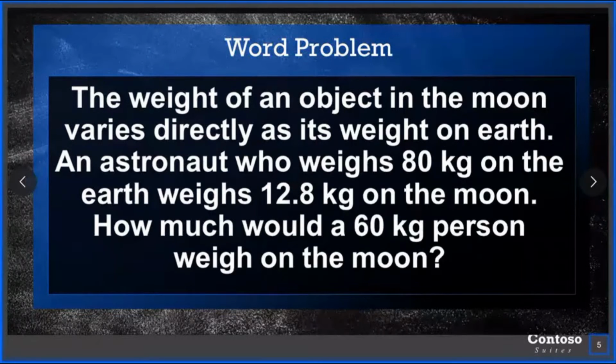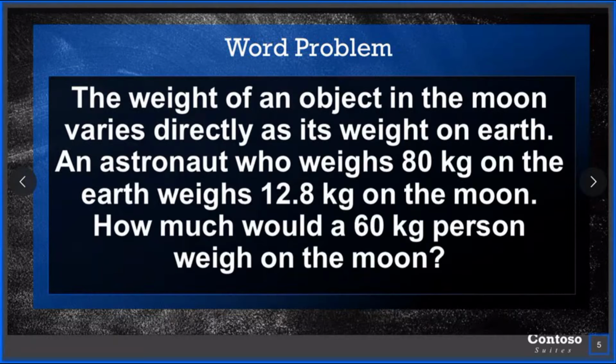The weight of an object on the moon varies directly as its weight on Earth. An astronaut who weighs 80 kilograms on Earth weighs 12.8 kilograms on the moon. How much would a 60 kilogram person weigh on the moon?